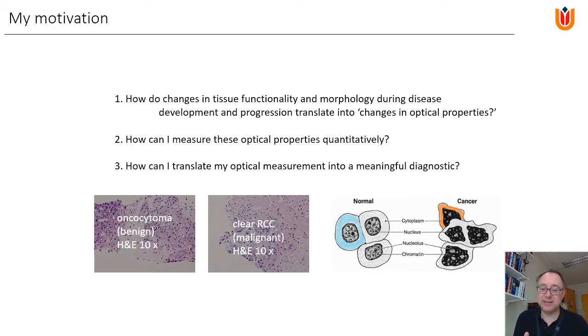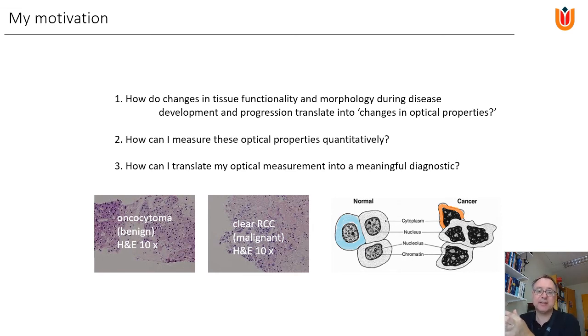that could actually change the optical properties, so that we could actually measure it. And if you then look at microscopic slides, which are the images on the left-hand side, you can see for normal tissue a very regular distribution of nuclei, more or less equally sized nuclei. And then if you look at the renal cell carcinoma on the right hand, the malignant cells, you see that the distribution of nuclei becomes much more irregular.